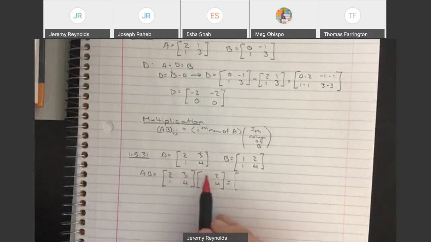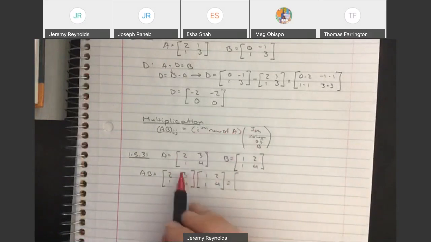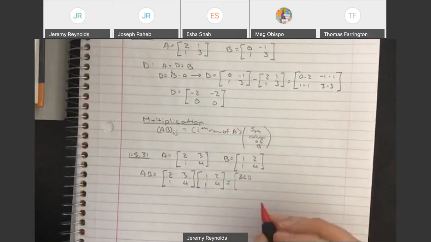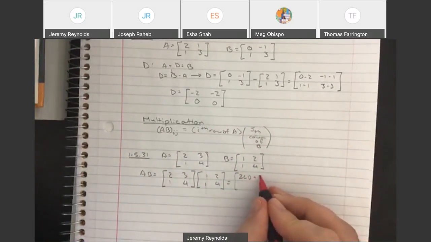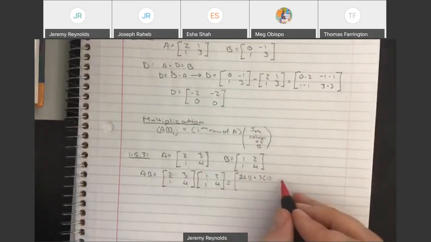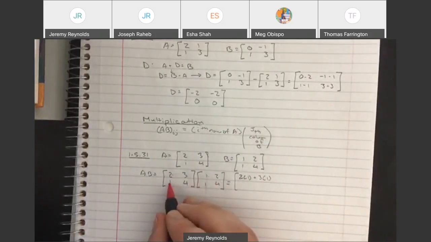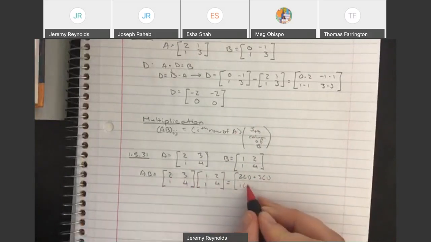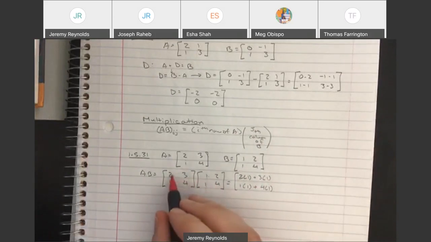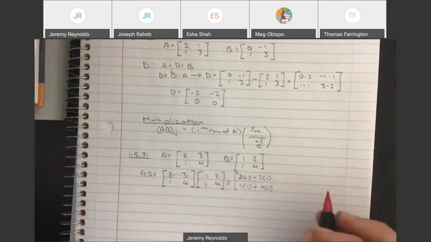So we look at 1, 1. The 1, 1 position is going to be 2 times 1 plus 3 times 1. Now if we look at the bottom position, we have 1 times 1 plus 4 times 1. And then if we do the first row by the second column, that's 1, 2.